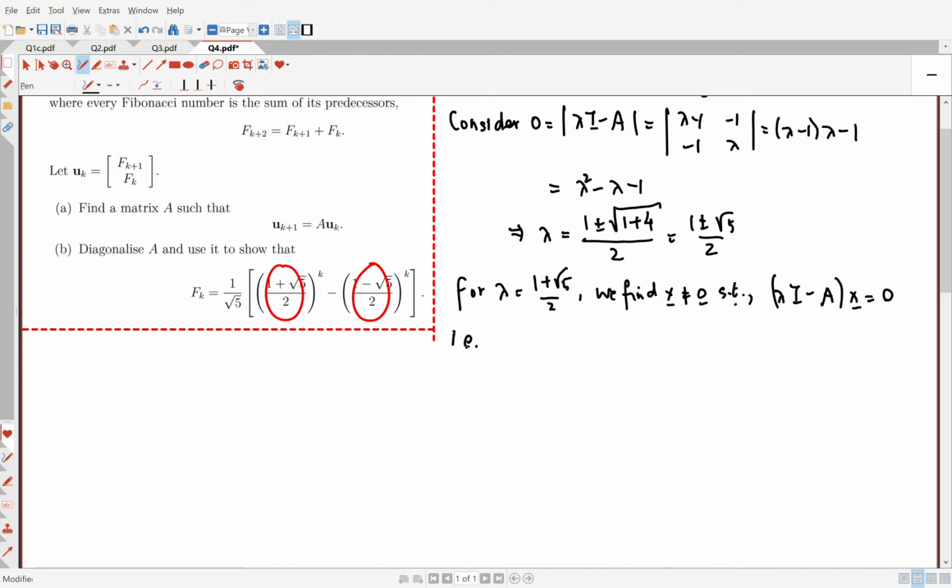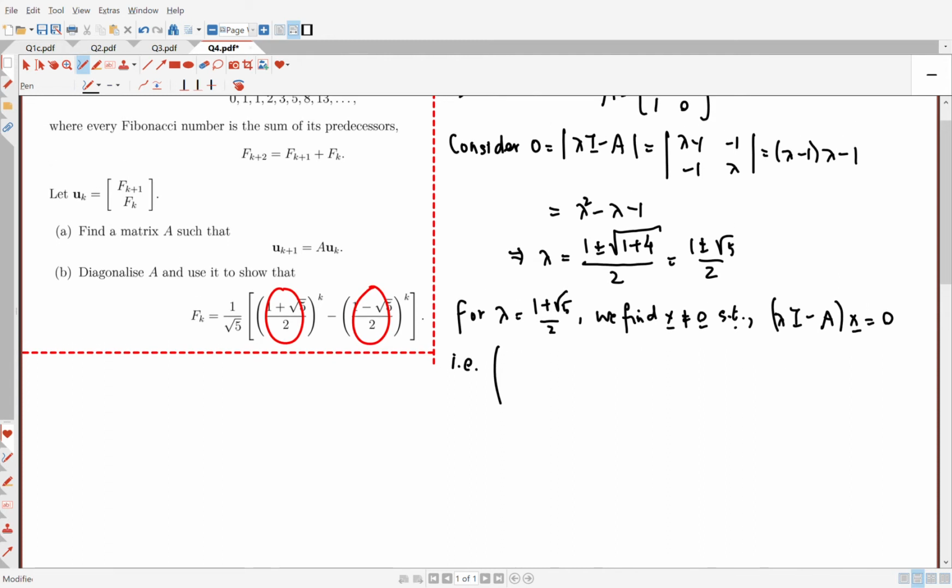In other words, what is lambda I minus A? With this lambda, I will have minus half plus square root 5 over 2, here is minus 1, minus 1, here is half plus square root 5 over 2, times x1, x2 equal to 0, 0.